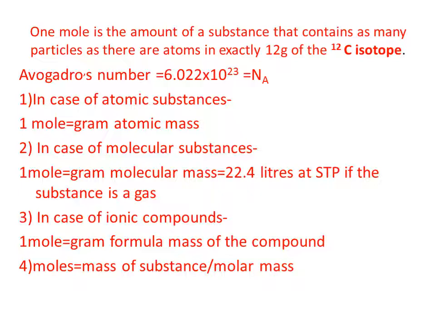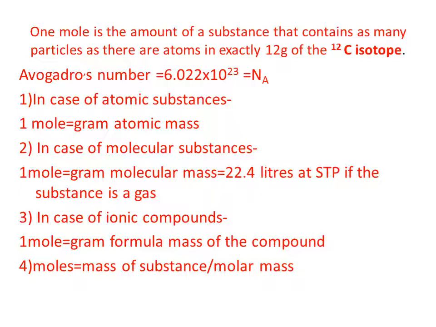Number 4. In case of ionic compounds, as it was done in case of formula mass, if you are dealing with ionic compounds, then 1 mole is equal to 6.022 × 10^23 formula units of the compound. In the same way, it is equal to gram formula mass of the compound.